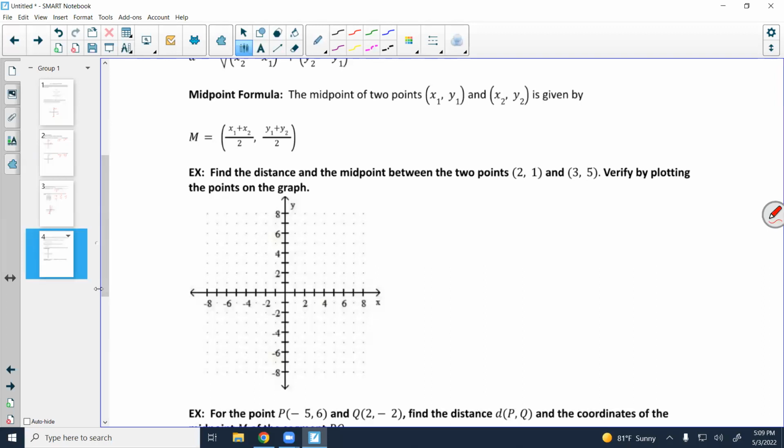So find the distance and the midpoint between the points (2, 1) and (3, 5). Verify by plotting the points on the graph. So I have (2, 1). I have (3, 5).